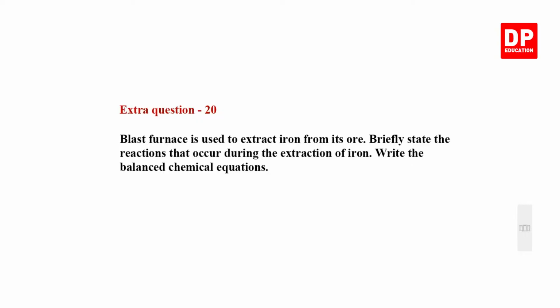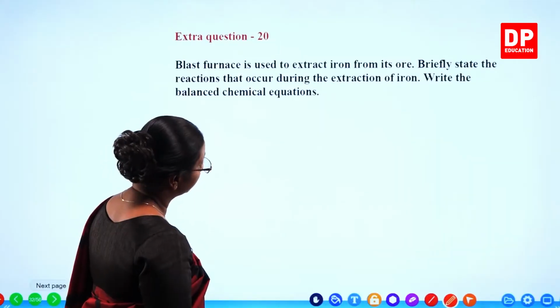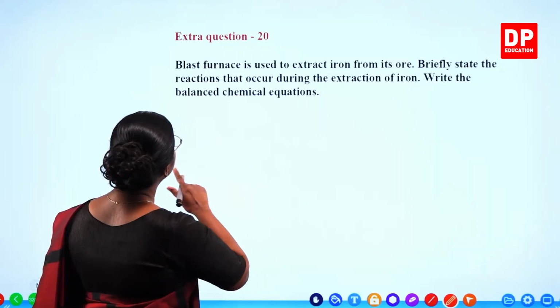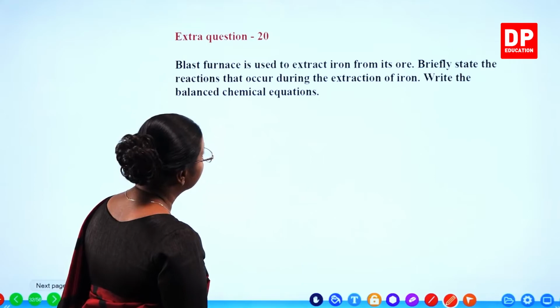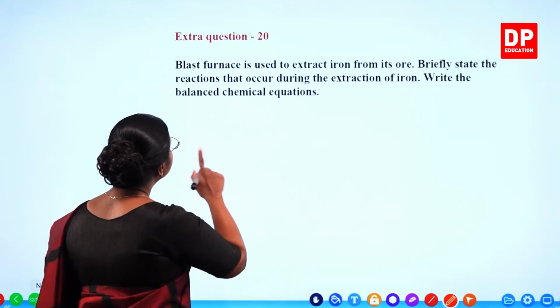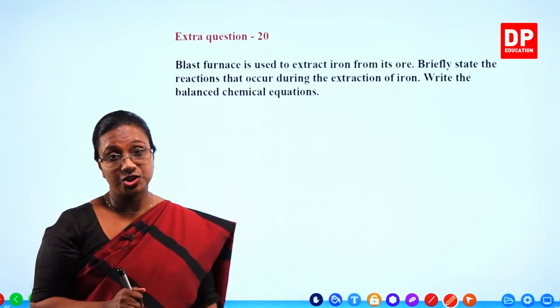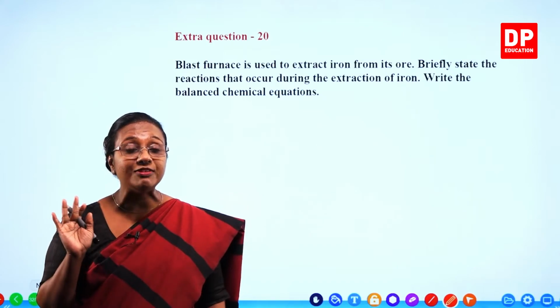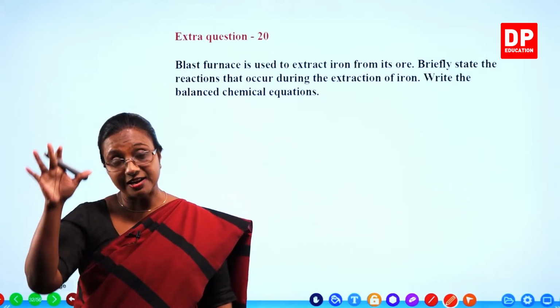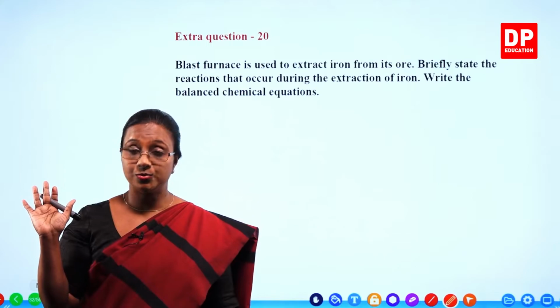Extra question 20. Blast furnace is used to extract iron from its ore. Briefly state the reactions that occur during the extraction of iron. Write the balanced chemical equations. So here you have to briefly state the reactions and write the balanced equations as well.